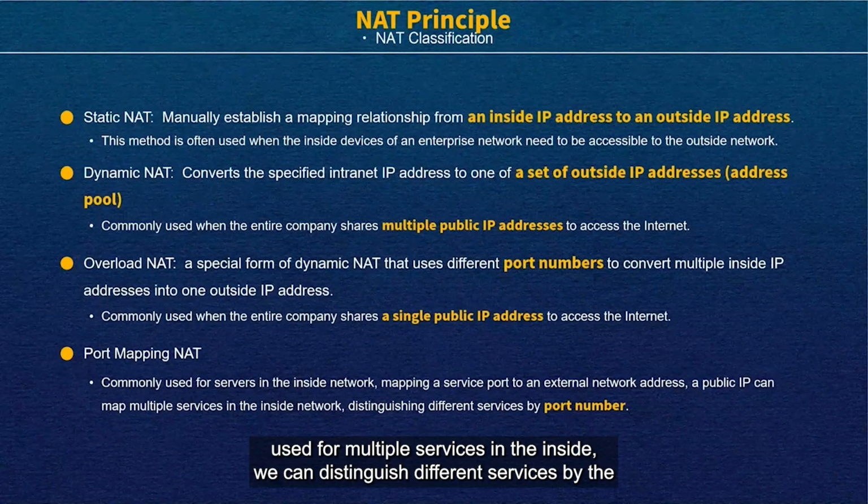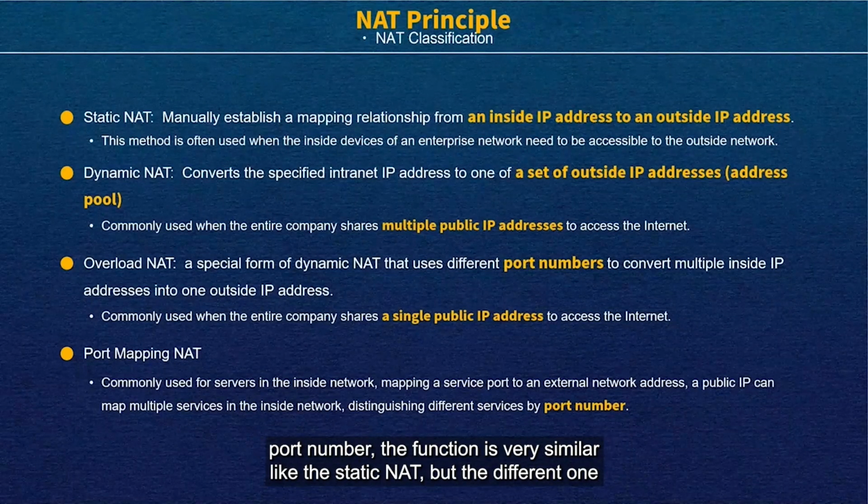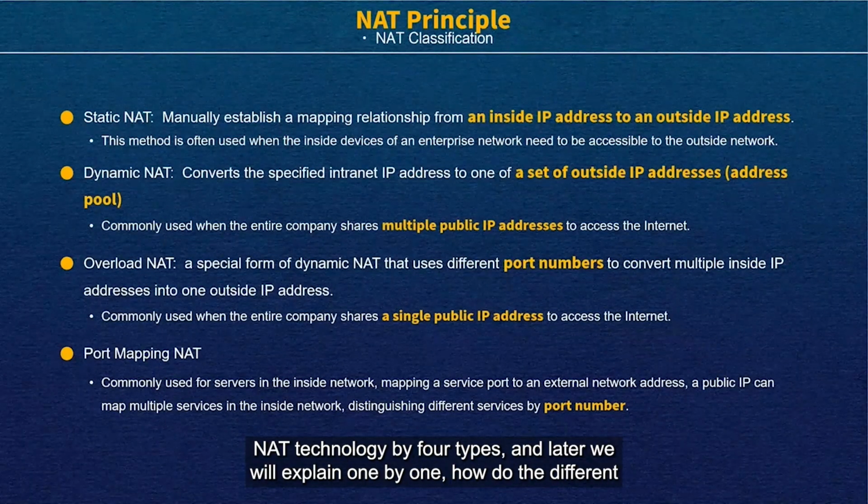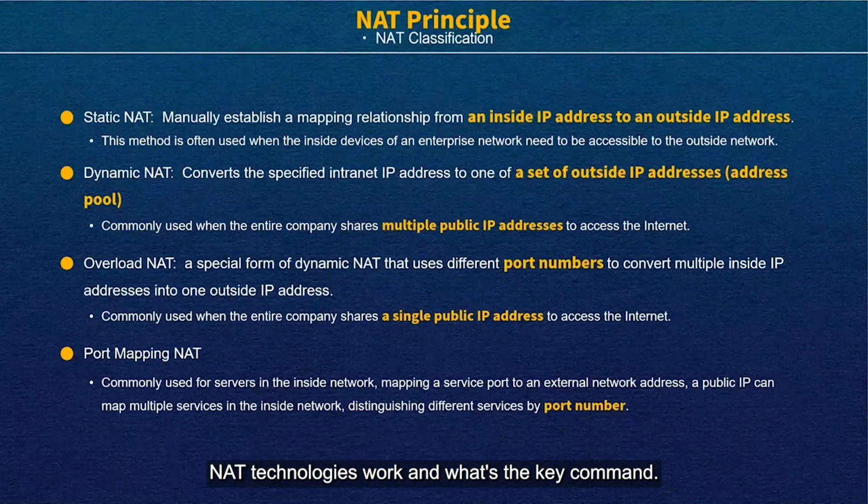We can distinguish different services by the port number. The function is very similar to static NAT, but the difference is that port mapping can provide port number translation. So usually we divide NAT technology into 4 types. And later we will explain one by one how the different NAT technologies work and what the key commands are.